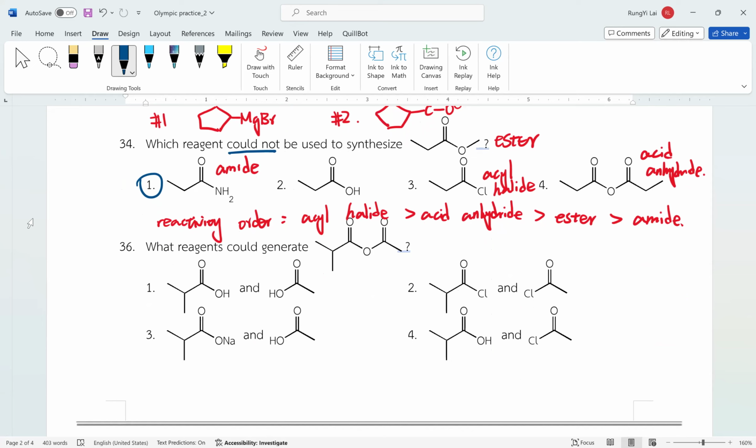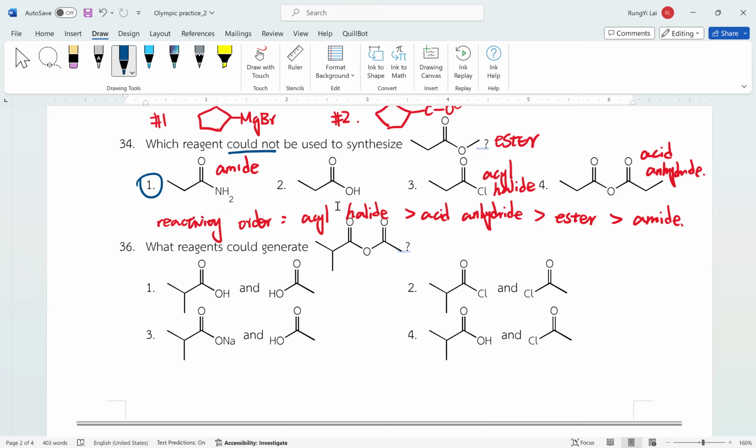So next question is, what reaction could generate an acid anhydride? So now you can see this one is an acid anhydride. If you want to synthesize an acid anhydride, that means your starting material needs to start with an acyl halide because it's more reactive. Either you use an acyl halide or you use the carboxylic acid to synthesize.